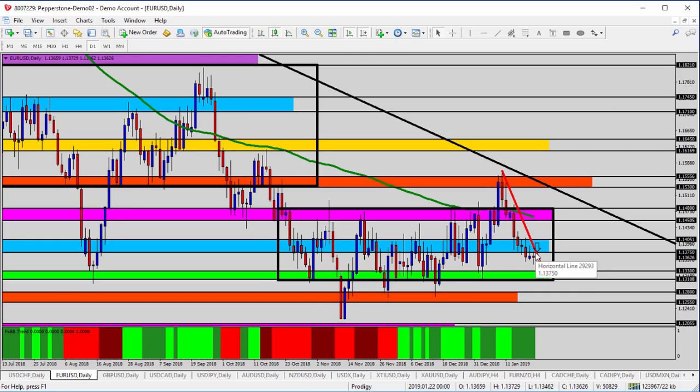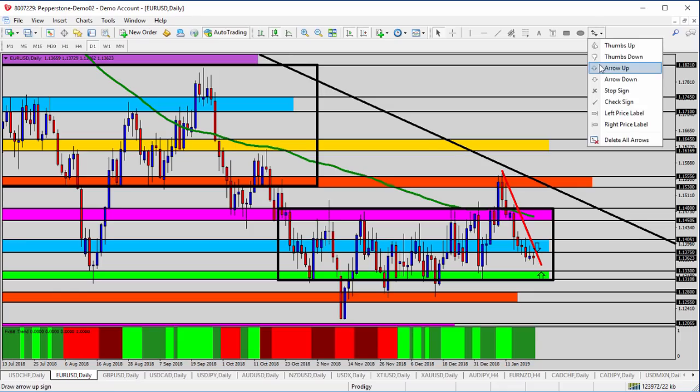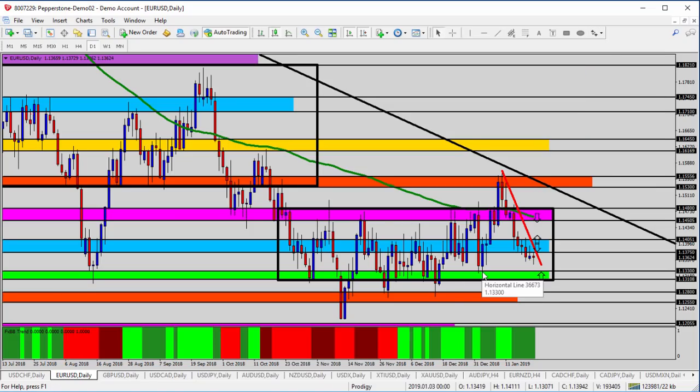So if it stays under the blue zone, we expect the green zone to be the next targeted level. If the market turns around and gets back above the blue zone, 1.1405, we then look for it to head back towards the pink zone. Why? Because that's what it's been doing. Let's not make things up. This is what the market's been doing, and that's what we're going to expect.